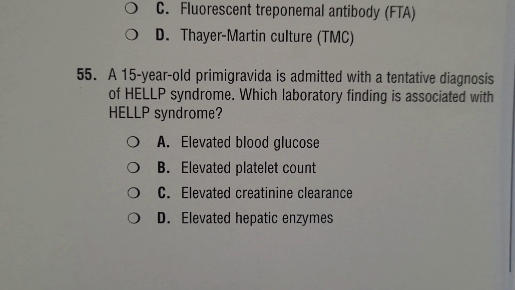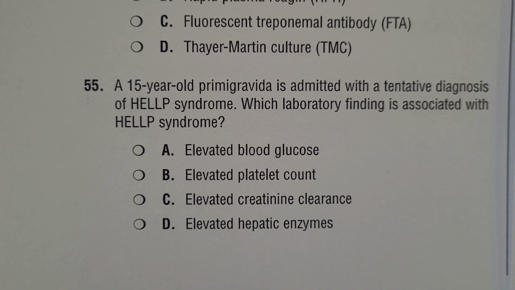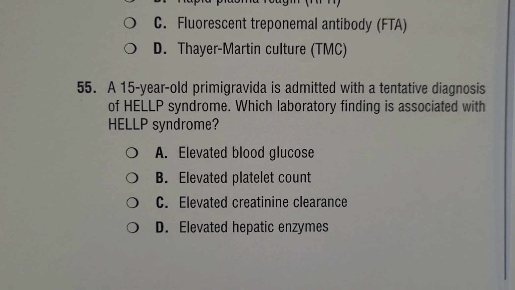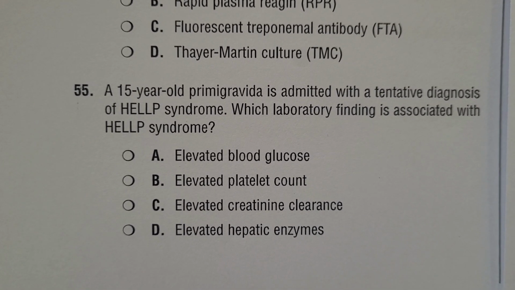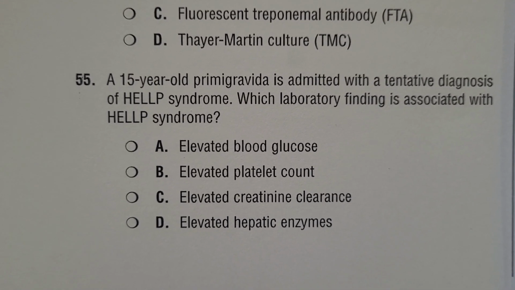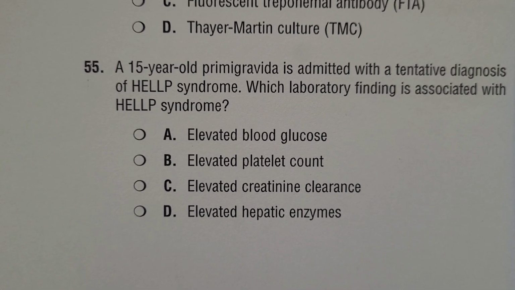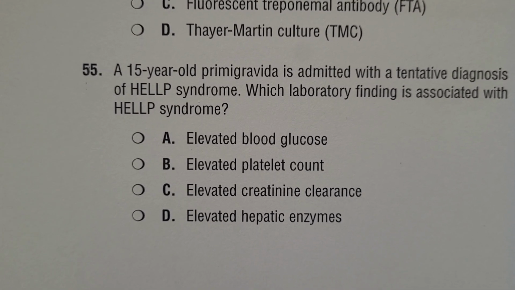Our next question: a 15-year-old primary gravida is admitted with the tentative diagnosis of HELLP syndrome. Which laboratory finding is associated with HELLP syndrome? So the H is for hemolysis, EL for elevated liver enzymes, LP for low platelet count.